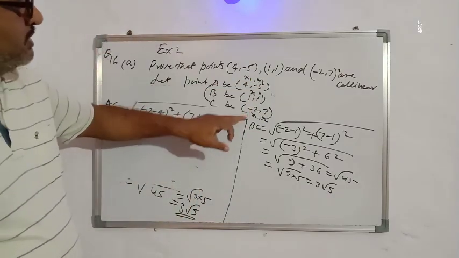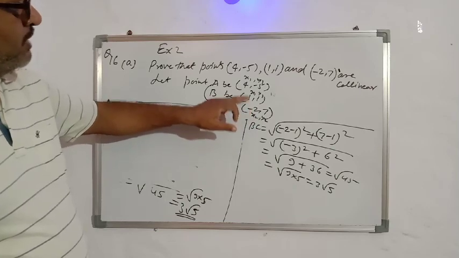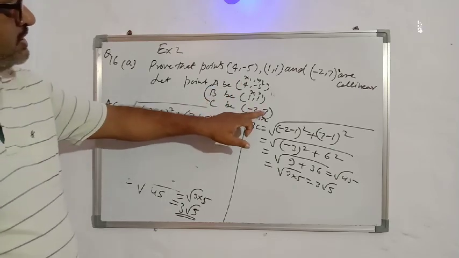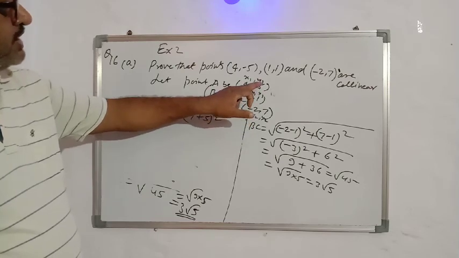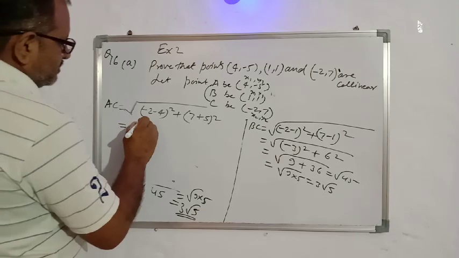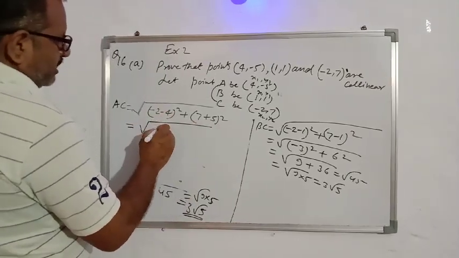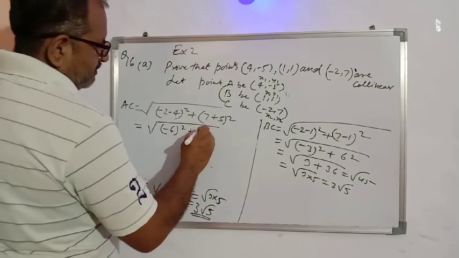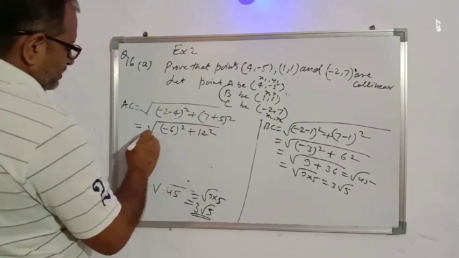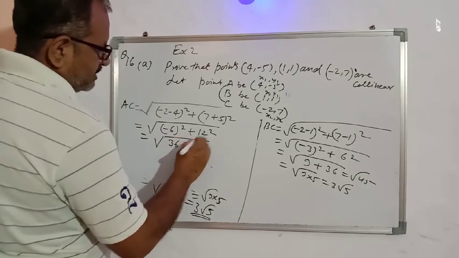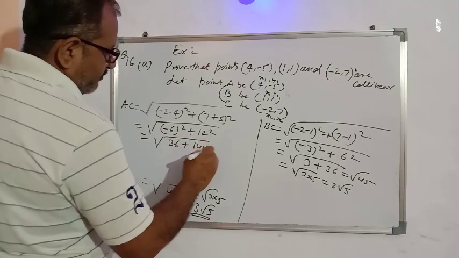This one is x1, y1, and this is x2, y2. x2 minus x1: -2 minus 4, -6 whole square. 7 plus 5 is 12, whole square. 36, and 12 whole square is 144.